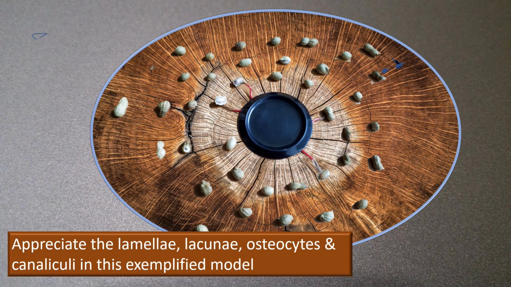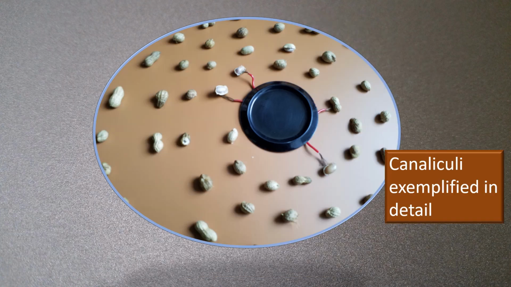You can see I have taken a wooden cross section from an old wood specimen. On that specimen, you can see I have arranged peanuts, the common peanut. Now the peanut, when you examine carefully, is communicating with other peanuts.